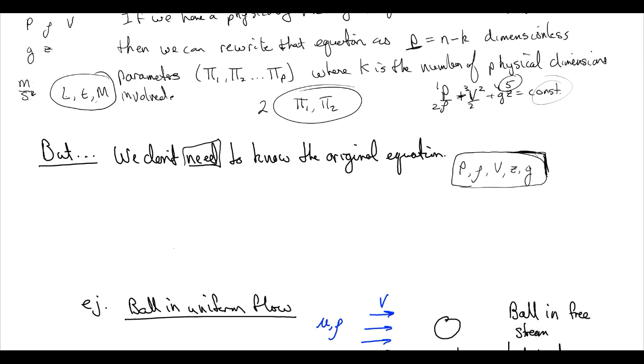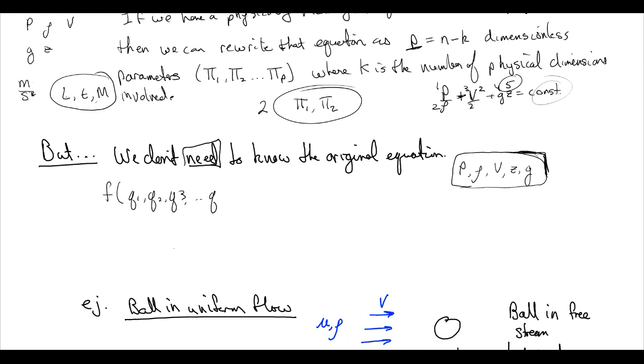And so if we have some unknown function f of q1, q2, q3, to qn, we have some function. We don't have to know that function.